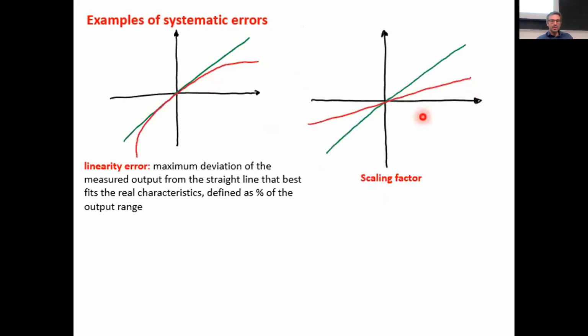Then the scaling factor is just a gain. So let's say I have my force sensor, and usually one load cell, one force sensor is providing between 0 and 1 volt, and the other one between 0 and 2.